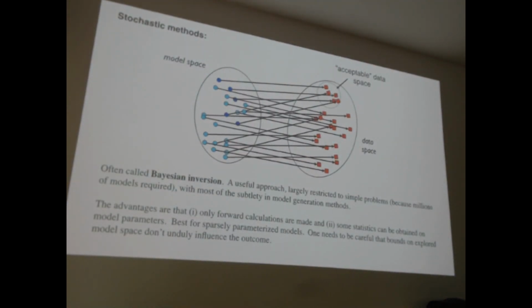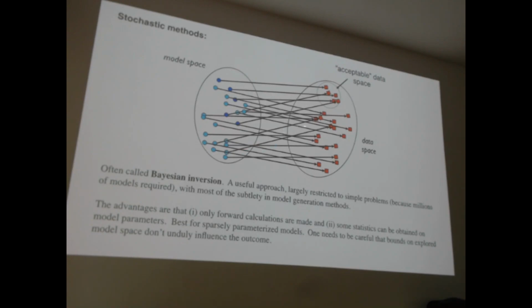Stochastic methods are where you take a random or quasi-random bunch of models, you do the forward calculation for all of them, and you see which ones are close to the data you actually collect. It's useful because you only need to do forward calculations.